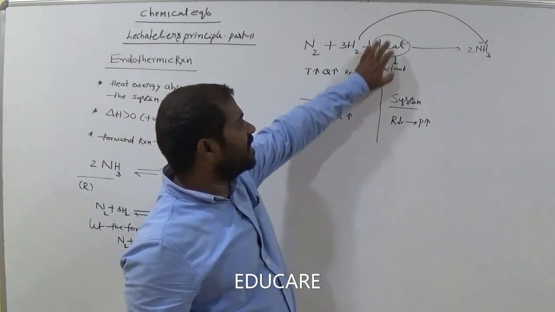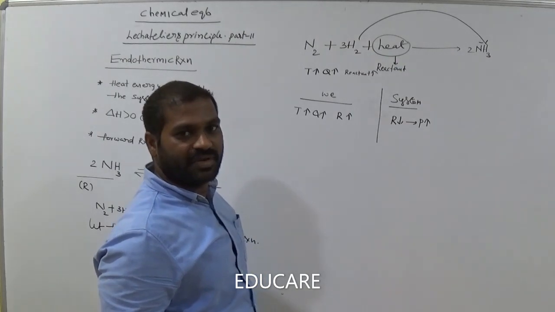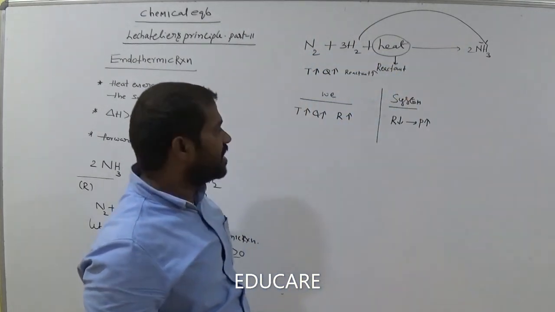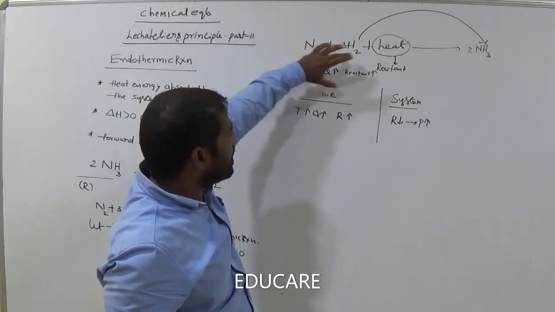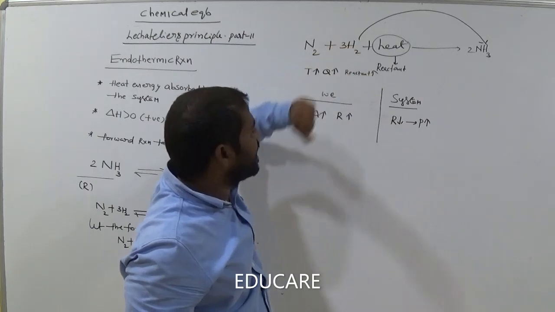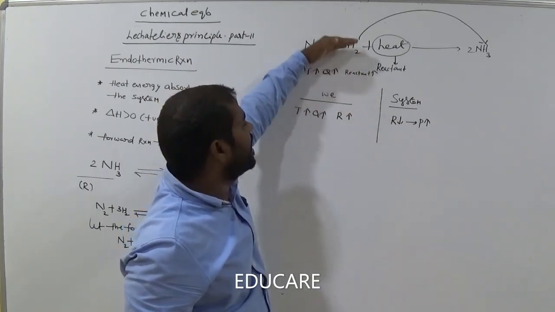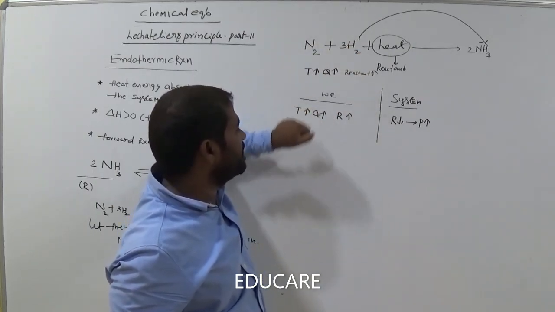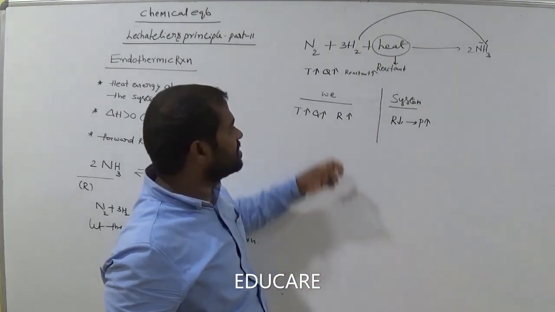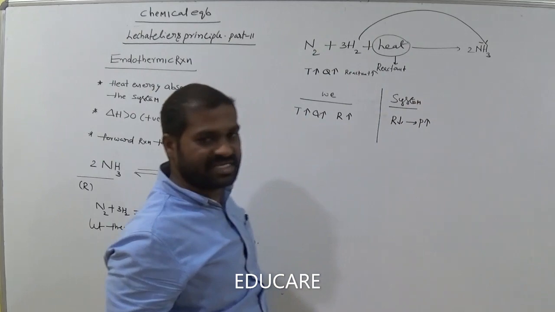When heat energy is offered to the system, the reaction proceeds in the forward direction. When temperature is high, heat energy is also high, that means heat energy is taken as a reactant. The system can decrease the heat energy by moving in the forward direction.